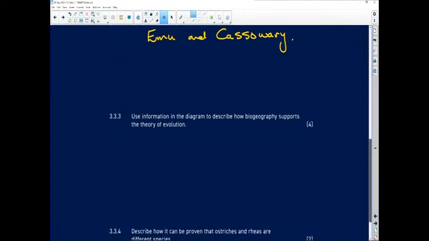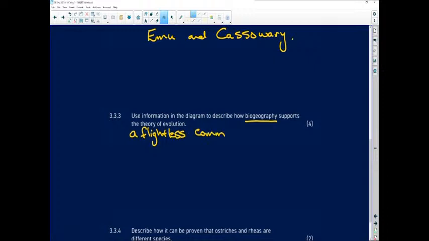Use the information in the diagram to describe how biogeography supports the theory of evolution. Okay, so now remember, what do we have? We've got a flightless common ancestor that existed on one continent.